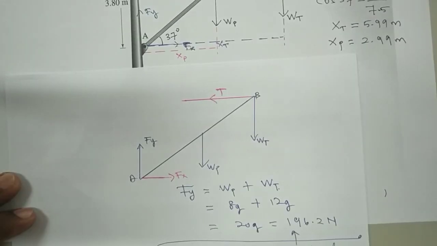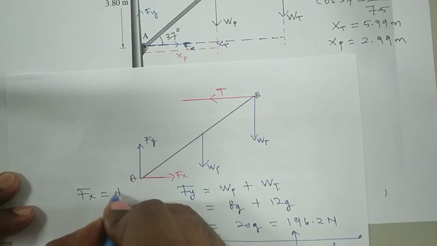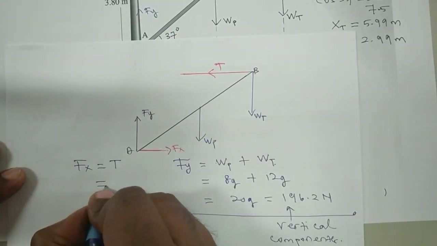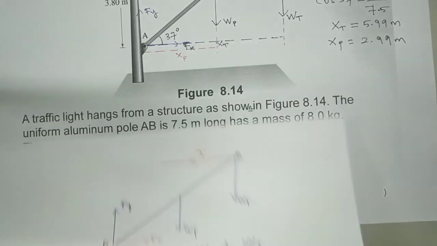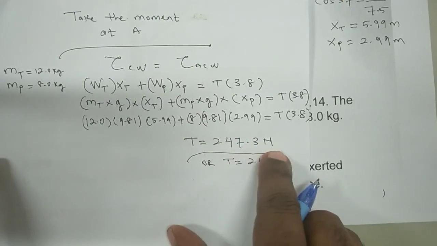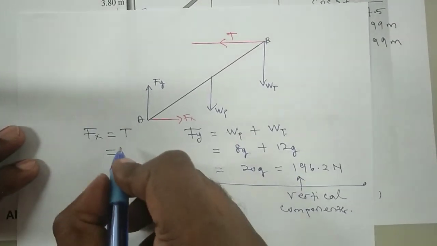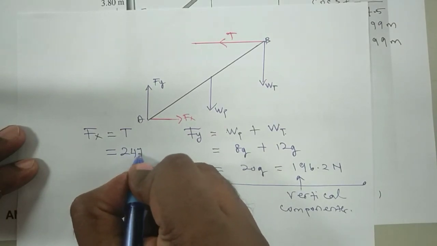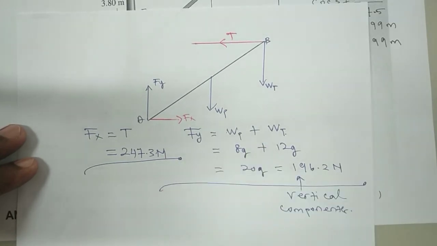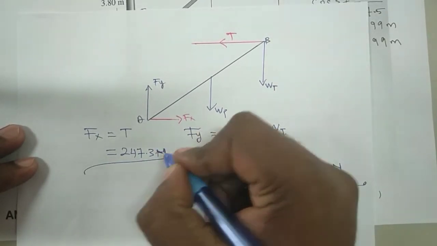So Fx equals tension of the cable, which equals, what is the tension of the cable? It's 247.3 Newton. So the answer is 247.3 Newton. That's it. Simple like a bubble, without giving you any trouble.